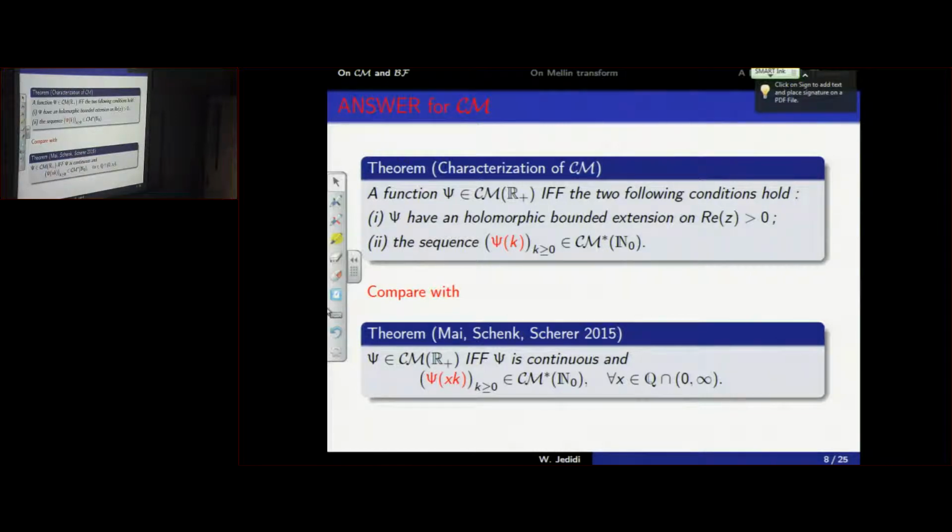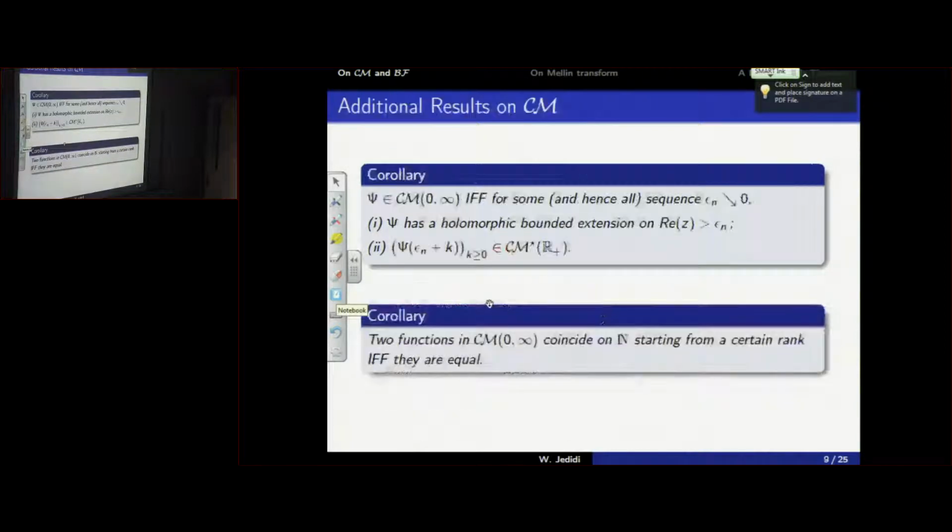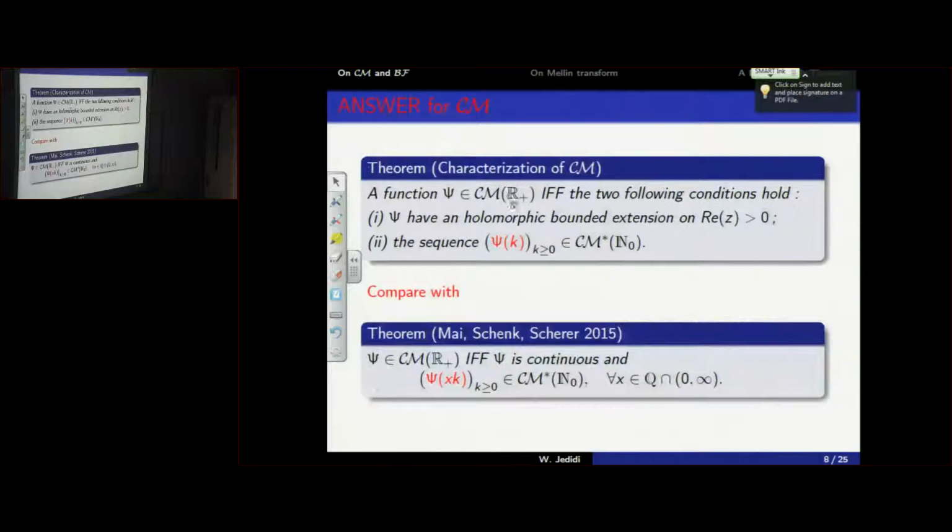How can we solve? How can we prove this kind of results? Of course, we can get some lighter version as corollaries. There is a slight difference here.